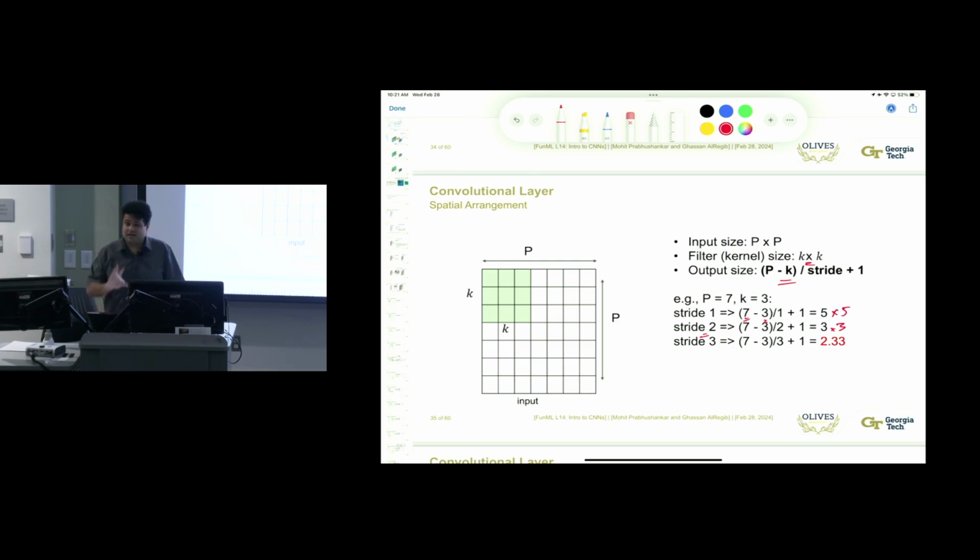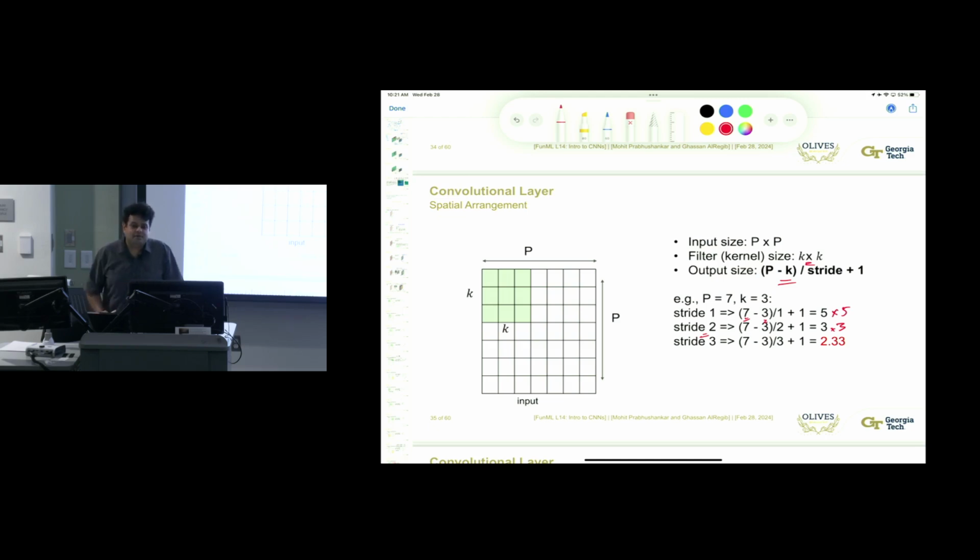But again, it's completely dependent on the data and the application that we are doing. So for instance, if your kernel itself is 8 cross 8, then I would say you need a large overlap. But if your kernel size is a 3 cross 3 or a 2 cross 2, then there's not as much overlap required in this framework. So it also depends on the size of the kernel and the kind of input that you're looking at.